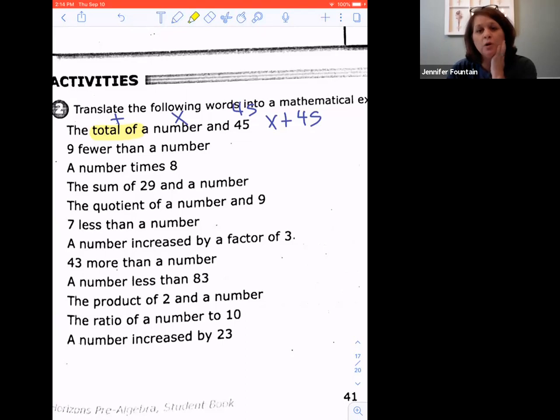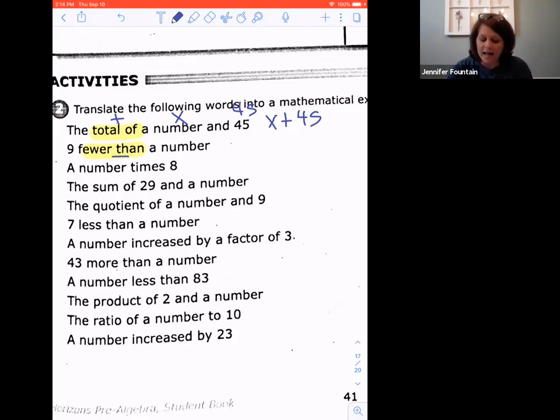9 fewer than a number. Fewer than is my keyword. I understand that it is subtraction. So now I have to really think about what comes first. 9 fewer than a number. If I see more than, fewer than, less than, greater than, whatever, if I see that, then I know whatever comes after than is what needs to come first in my problem.